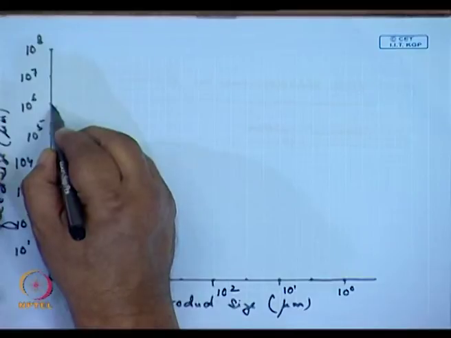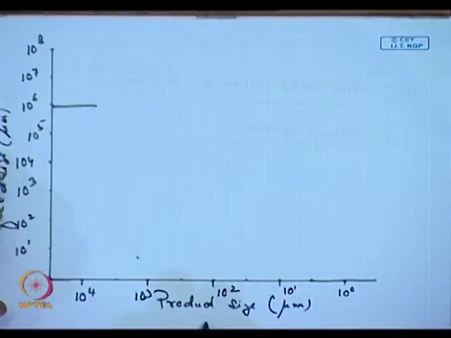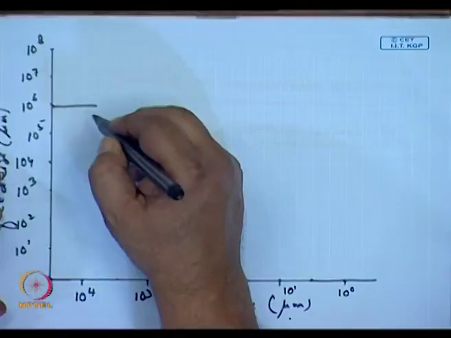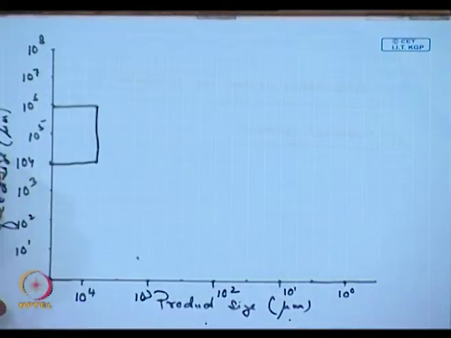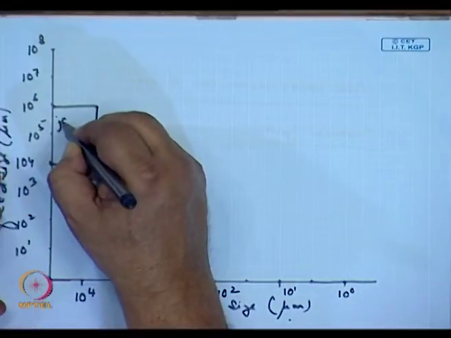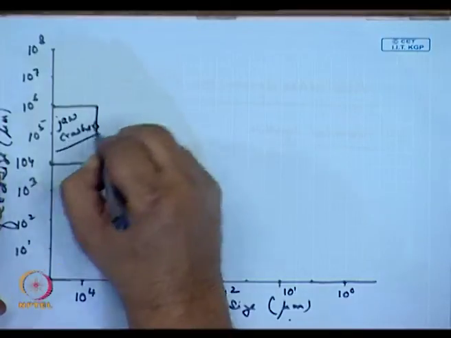The jaw crushers which I talked of, over here I have got the product size. This is in micrometers and the scales are over here. So, 10 to the power of 4 micrometers means 10 to the power of minus 2 meters. So, it is a centimeter, and this way it goes finer. The area of operation of jaw crushers is over here. This is where jaw crushers are used.